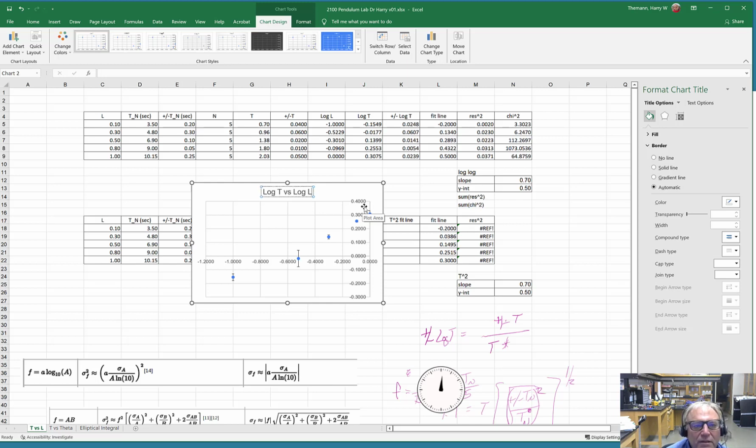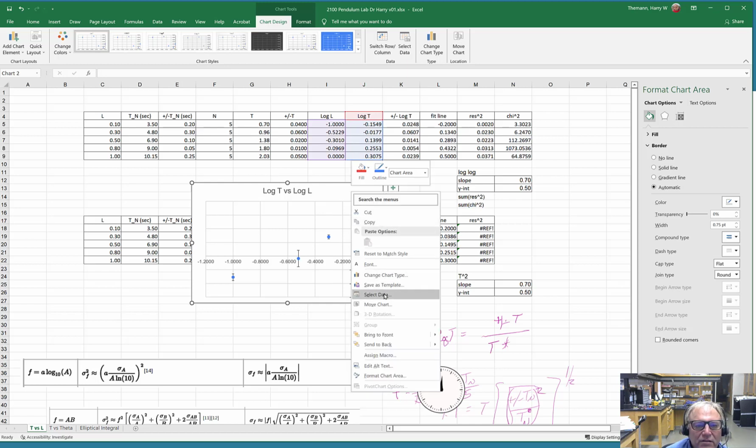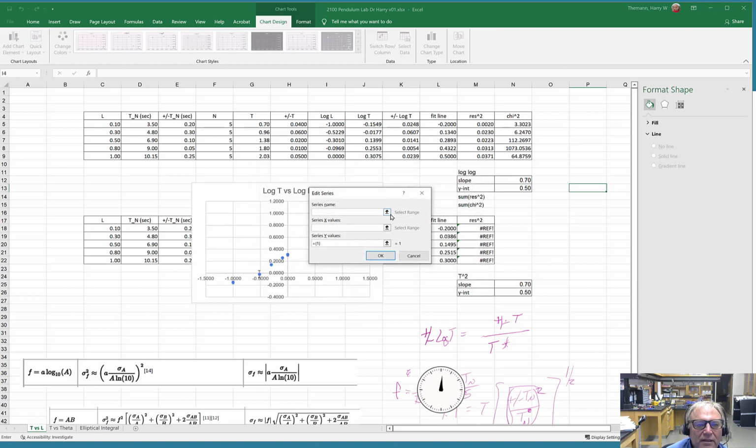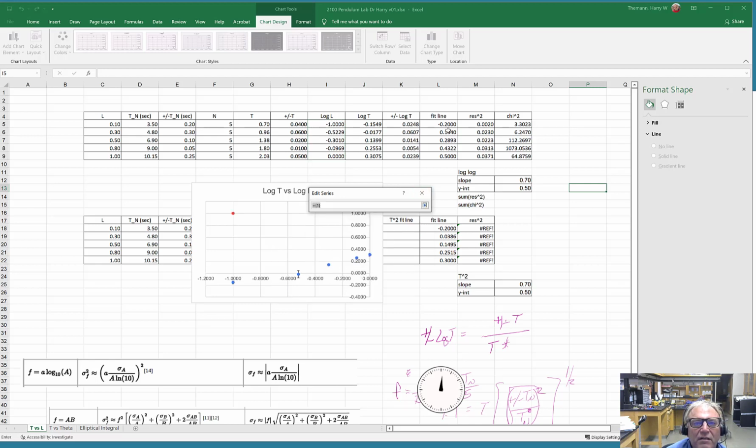Whoops. And we need to add the fit line. Select data. Add, the series name is fit line. I suppose we could get clever about that. And there's our log L. And there's our fit line.